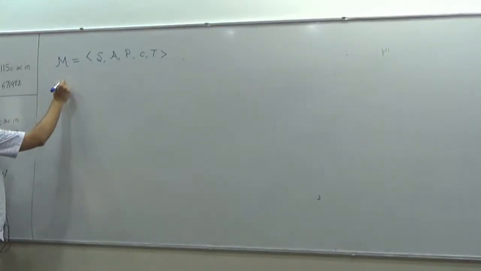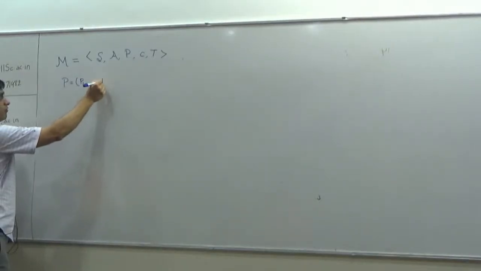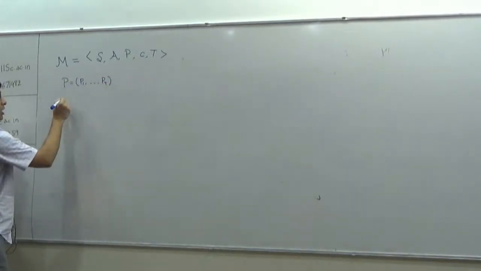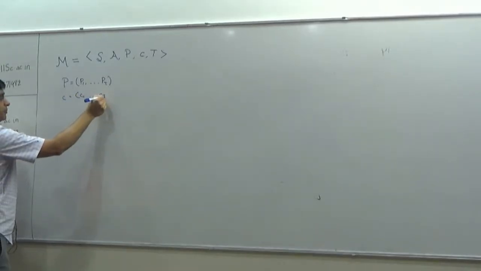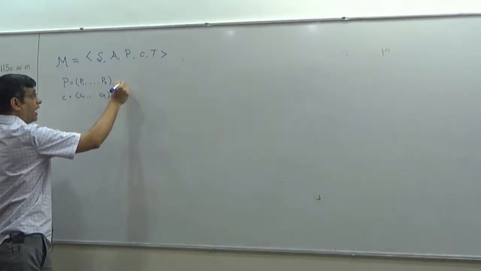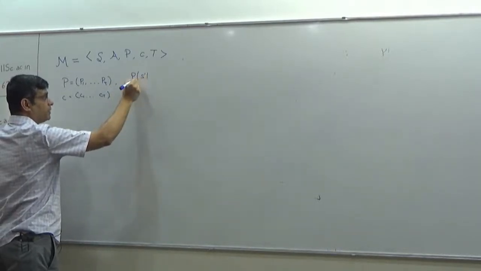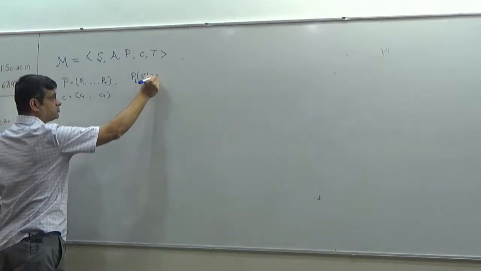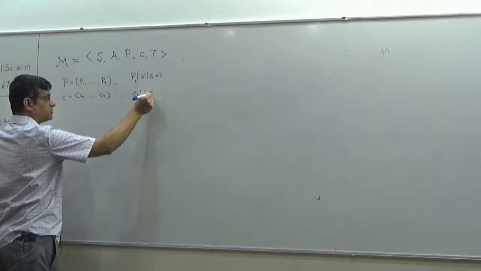P is really a collection of transition matrices over time, and C is a collection of per step costs over time. We are assuming P is of the form Pt of S prime given S and A, and C is of the form of a cost of the current state and action.